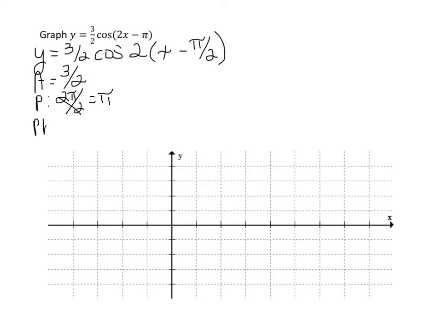And we have a phase shift of pi over 2 to the right. You see what I've written here? I will want to see this on all of your problems. So because I know that the period of this is pi, I can write out my 5 numbers from 0 to pi.